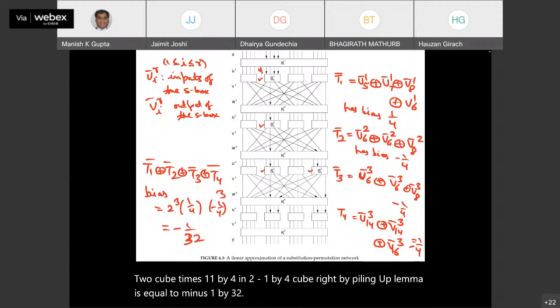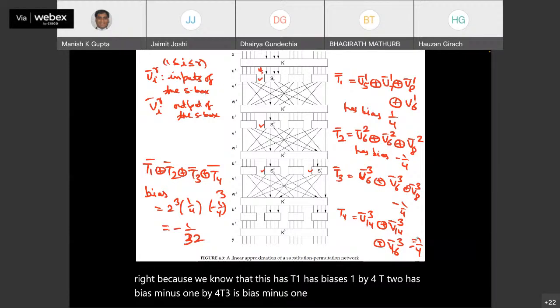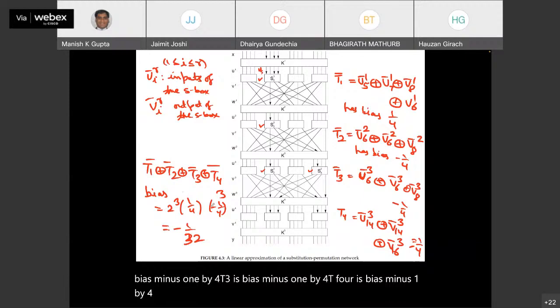Because T1 has bias 1/4, and T2, T3, T4 each have bias minus 1/4, applying the Piling-up Lemma, the bias of T1, T2, T3, T4 turns out to be minus 1/32.